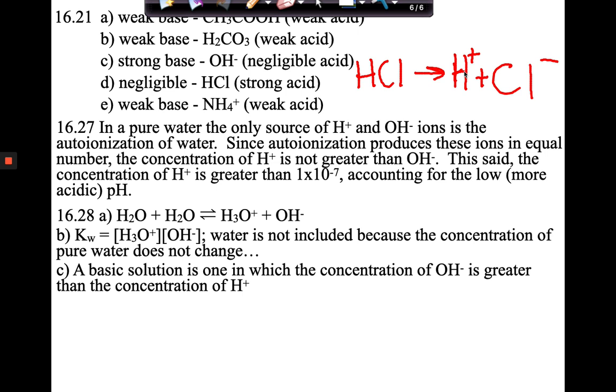But HCl is a strong acid. So what does that tell us about the strength of chloride as a base? We're not going to say worthless, we're going to say of negligible strength. So guys, by definition, a strong acid has a conjugate base that has no ability to be a base. So chloride ion is of negligible strength, and then the conjugate acid is HCl.